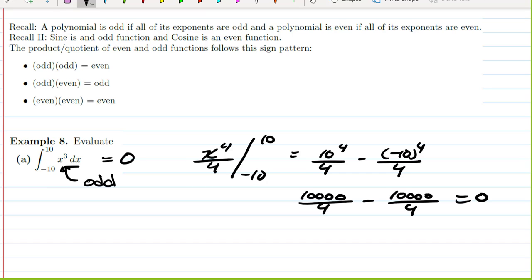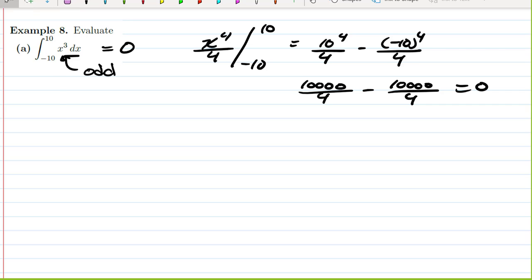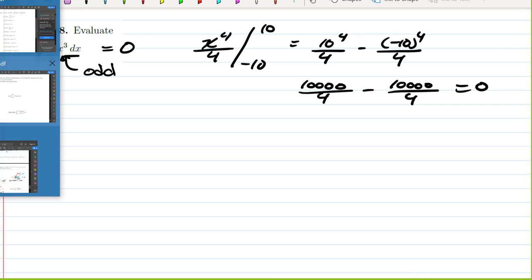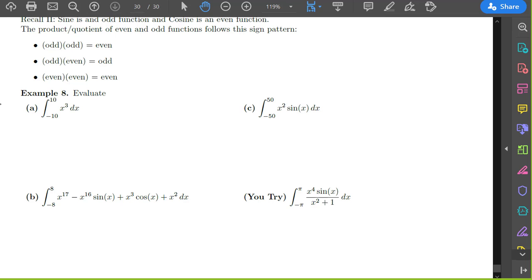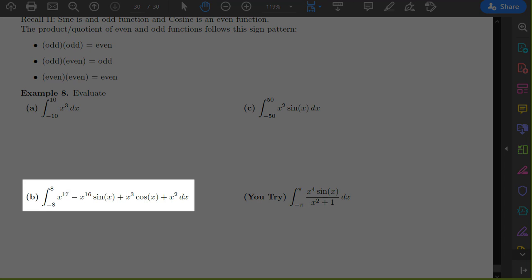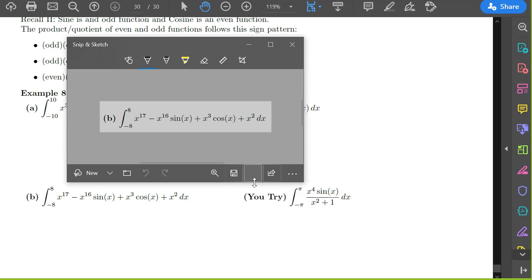So even if you just do it the long way, you will get the correct answer. But noticing when functions are even or odd on symmetric intervals will save you a ton of time. And as we'll see in our next example, it can often take complicated integrals and turn them into something very simple.